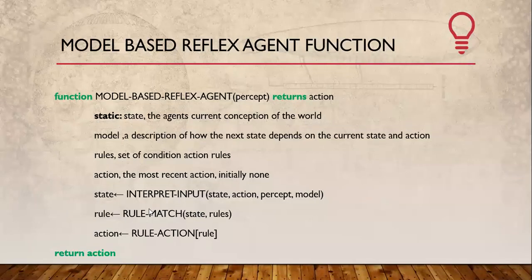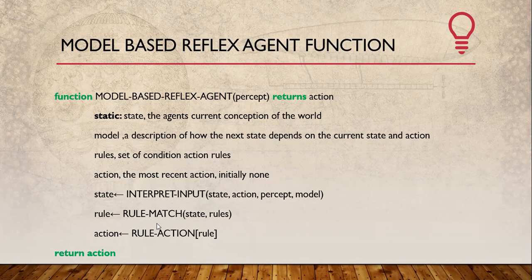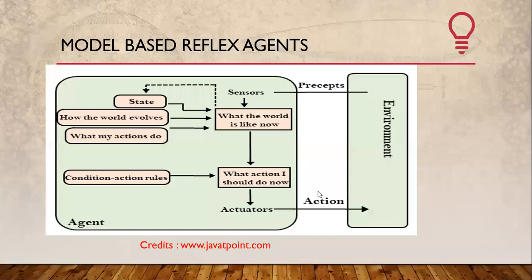Once we find that rule, we go to the condition-action rules and find which action is relevant for this rule, and then that action will be executed by the actuators and given to the environment. So this is how model-based agents work.